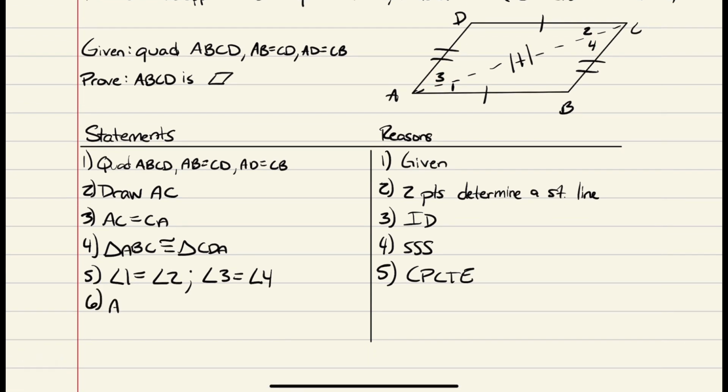We can say that AB is parallel to DC, and that AD is parallel to BC.